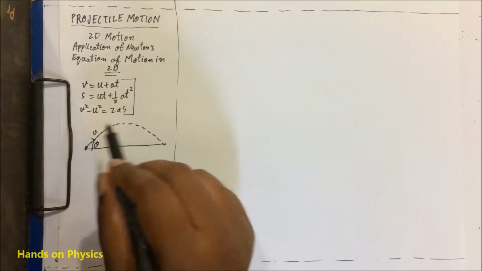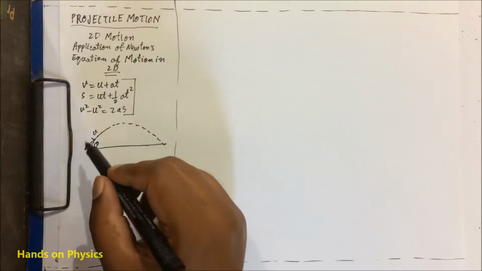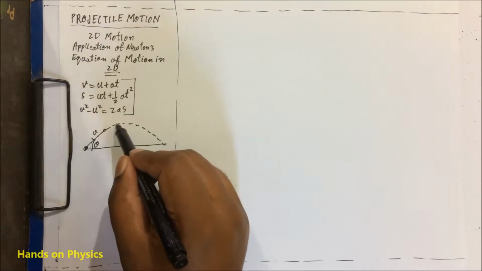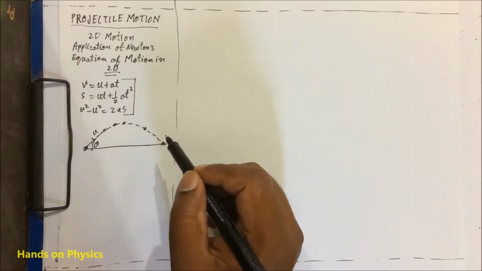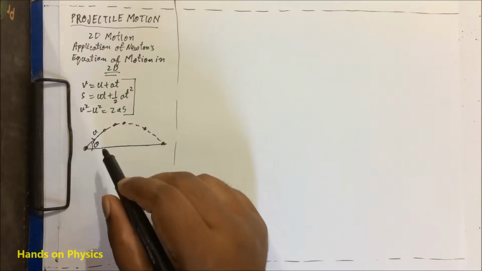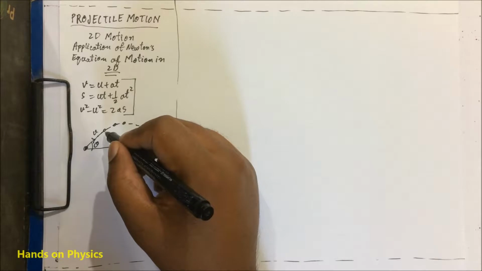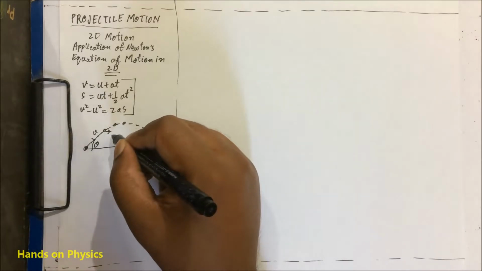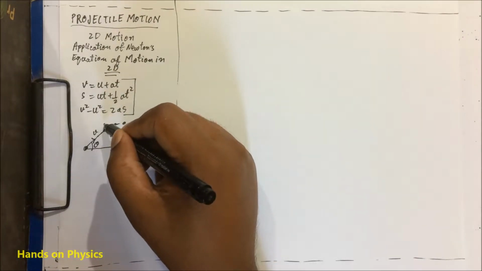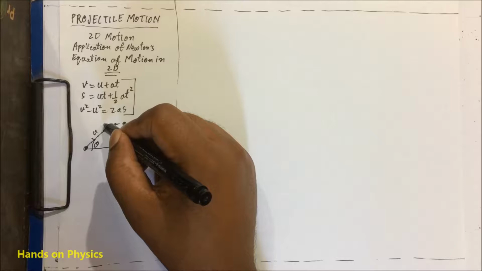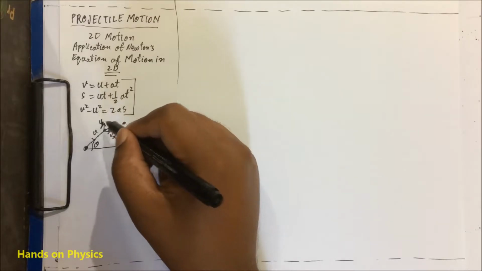In order to analyze such motion, we have to understand that if a ball is moving from this point to the maximum height and again down here, there are two kinds of velocity acting on this ball. One velocity is moving the ball in the x-axis direction, another is moving the ball in the y-axis direction.